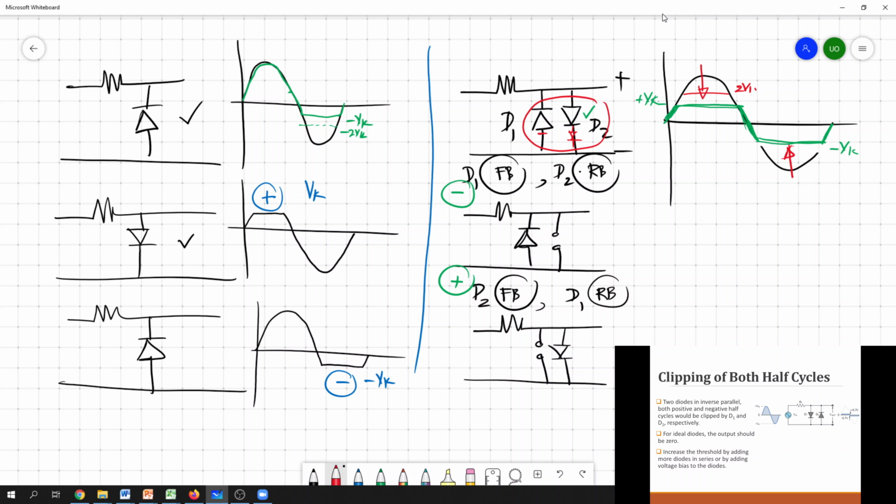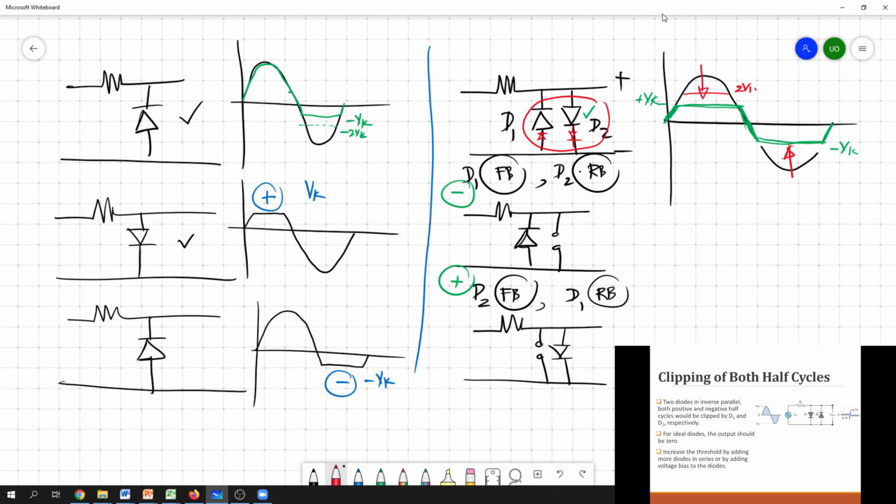If you add another diode to this one, your negative cycle is also clipped at 2 times minus Vk. Likewise, you can introduce whatever number of diodes to either branch 1 or branch 2. You can adjust the clipping level of the input voltage.